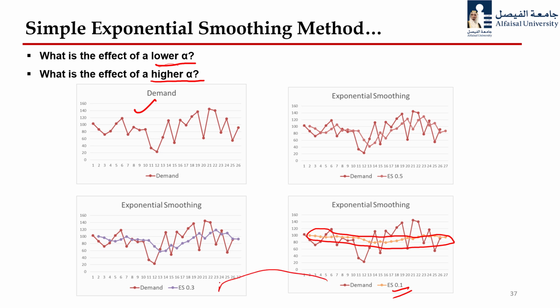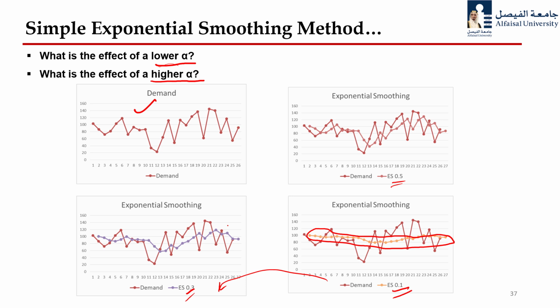Whereas if we start increasing alpha, to 0.3 or 0.5, the forecast responds more significantly to changes in the data. So if the data is changing more frequently, a higher alpha value is a good approach, but a smaller alpha value indicates the more smoothness you would like.